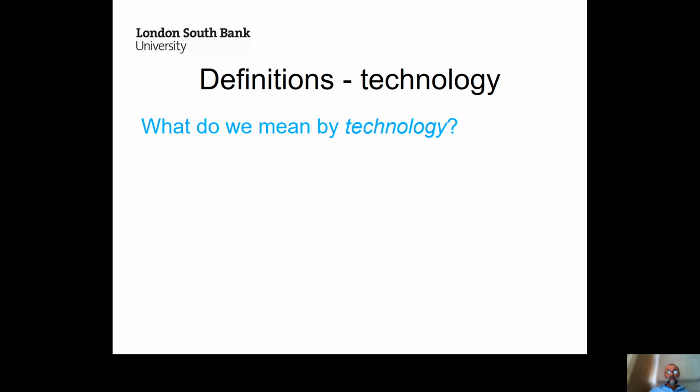And then another word to think about. So we've already talked about learning, and I've talked about education, and here's another word to think about: technology. What do we mean by technology? And technology, in the loosest sense, is something that is used to make our lives easier. So over the centuries, the things that are technology have shifted.